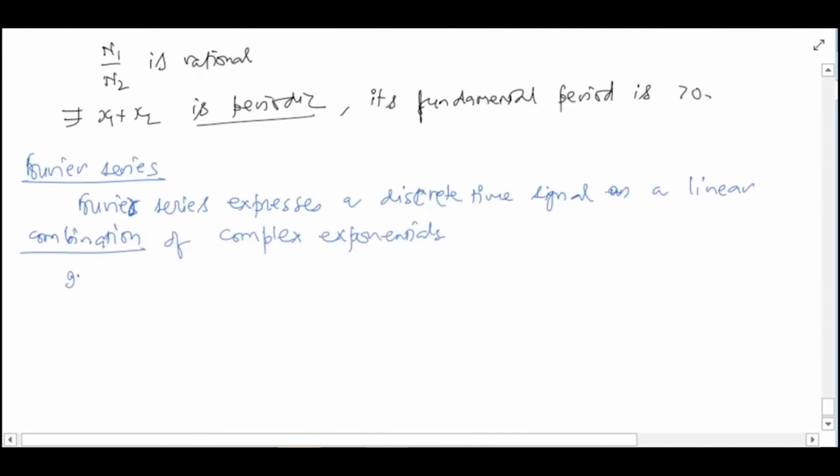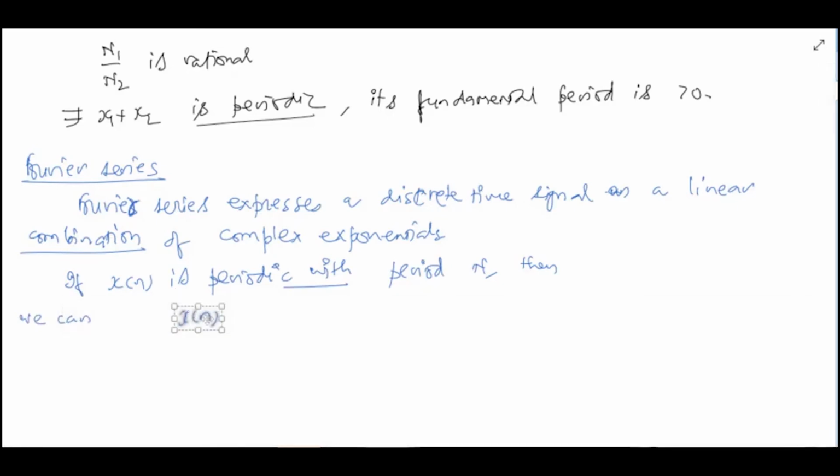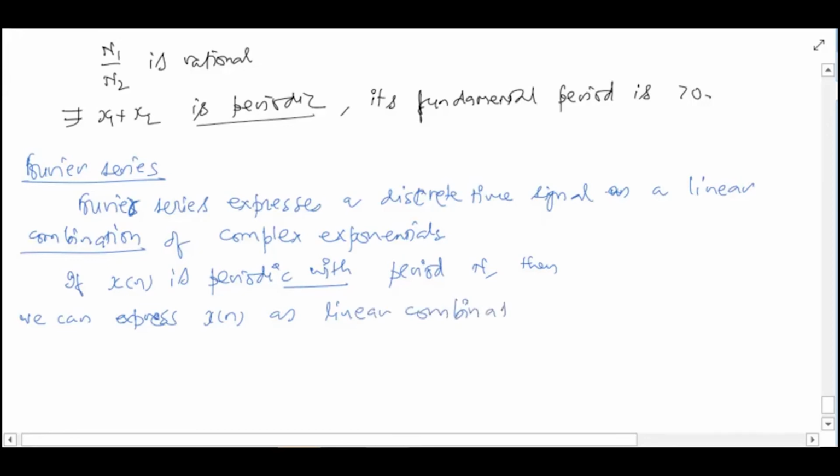For instance, if x[n] is periodic with fundamental period N, then we can express x[n] as a linear combination of complex exponentials phi k[n], where phi k[n] is e raised to j k omega naught n.